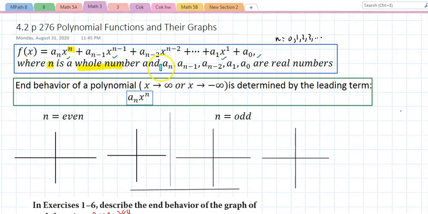And the a's, these are just the coefficients. So if I'm dealing with a quadratic, I just need 3 letters because there are at most 3 terms. I just need a, b, and c.